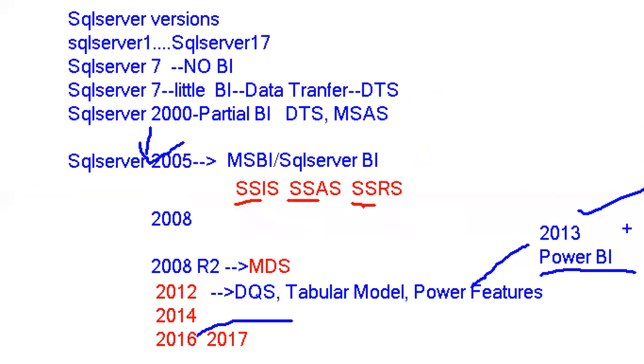Partly, the features of Power BI were available in 2012. If they released only these features as a separate component, everyone would laugh at them. That is why they added some more features, some more services, and released it as Power BI.